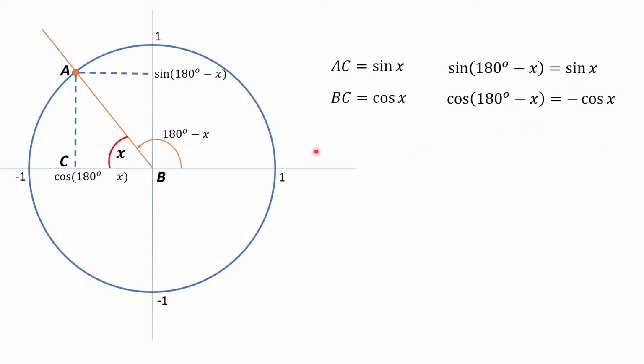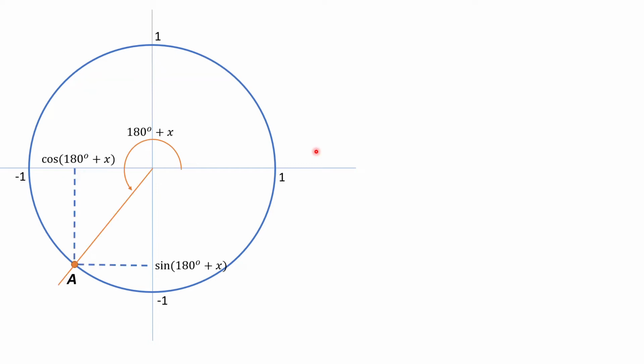All right? So let's move on and look at the angle 180 plus x. Now, in this case, we'll find our familiar triangle ABC. Now it got flipped. It's sitting right here. And this angle is x.